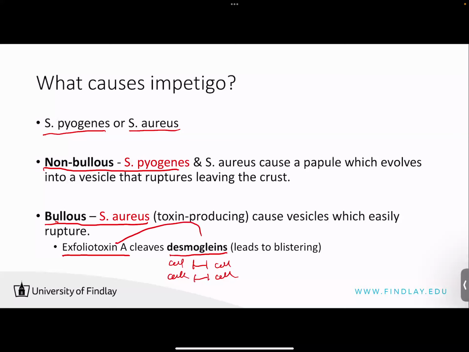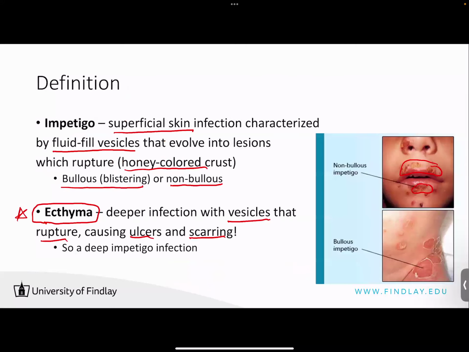And exfoliative toxin A will come in and just cleave these proteins. And then you start to see this detachment of the skin, and then fluid will fill in, causing that bullae. And then this outer layer of skin, it's not a very thick, hardy layer, so it will eventually rupture, leading to these lesions that you see here.